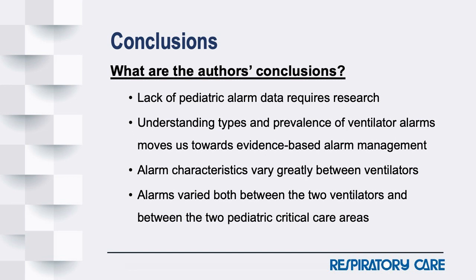Hopefully we will be able to understand these characteristics, which right now vary greatly between ventilators. The alarms vary between ventilators. Also, the populations vary, and they cause different alarms. So we've got all these variables that we need more data on. We need more data on different ventilators and different populations, because there is a lack of data out there.